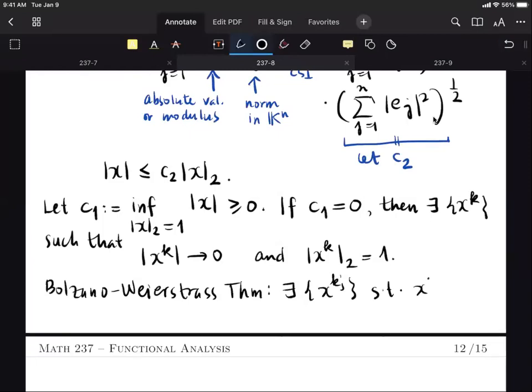So the subsequence converges to X, and moreover, the limit also has a Euclidean norm 1. Okay. So to be precise, what do we mean by this convergence here? This means that the convergence is with respect to the Euclidean norm.